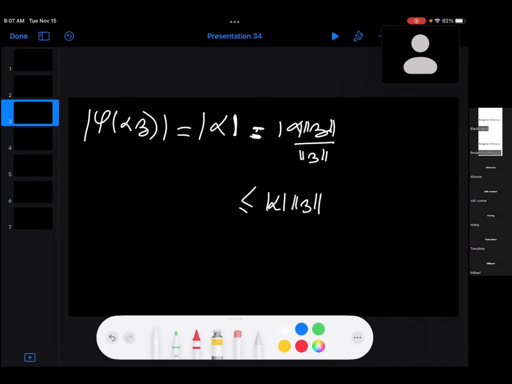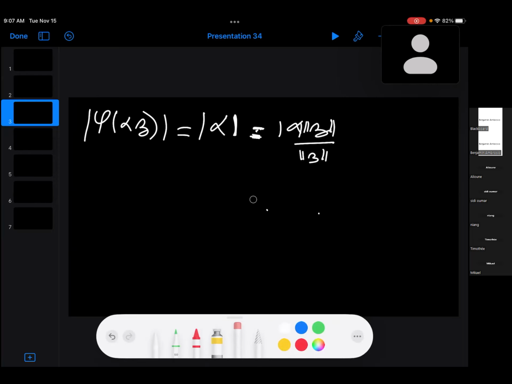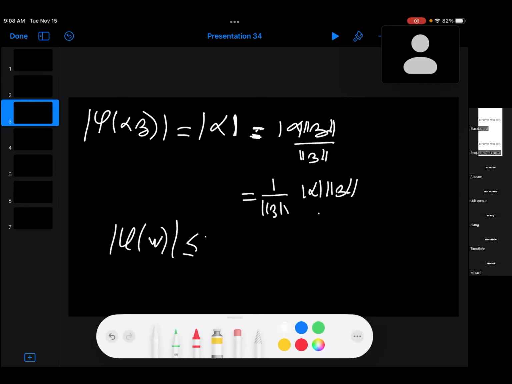At the end of the day, this is 1 divided by the norm of z times the norm of alpha z. So as a general fact, I have that the absolute value of phi of w is less than the norm of w times a constant.